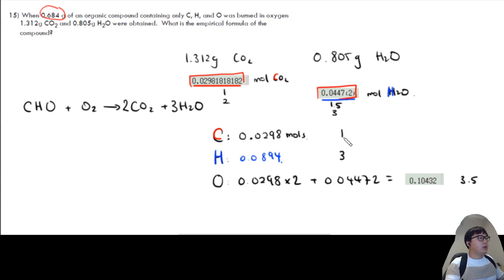Because the ratio here is 1, 3, 3.5, you can change that to 2, 6, 7. That is consistent with 2 carbon and 6 hydrogen, so this is 2 there and 6 there.